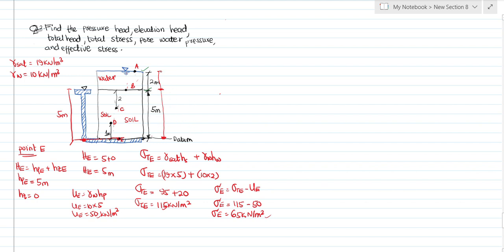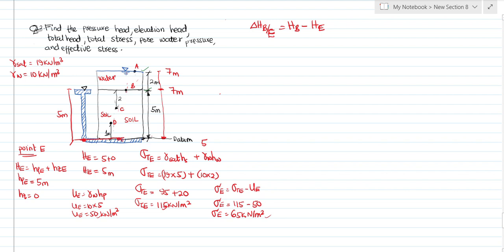So when the head was at A, it was 7 meters, when it was at B, it was 7 meters, but when it got to E, it went to 5 meters. So from 7 to 5, we can find the head loss. So we want to know the head loss between B and E, which is the total head at B minus the head at E.